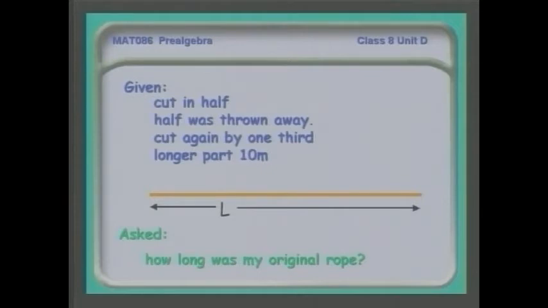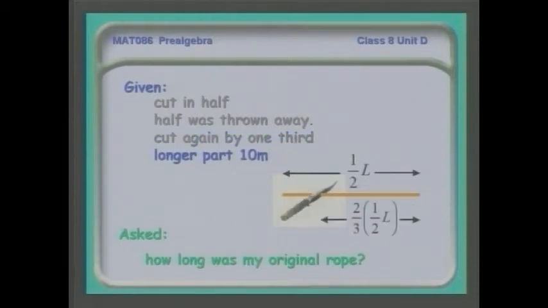First, that orange line is the rope, and we'll say that the original length of that rope was L. Then we cut that rope in half, and we know that one half is thrown away, and so what's left is equal to 1/2 of the original length, L.